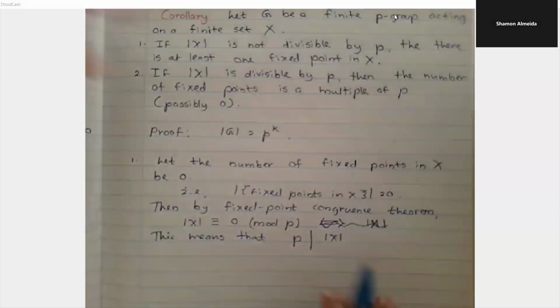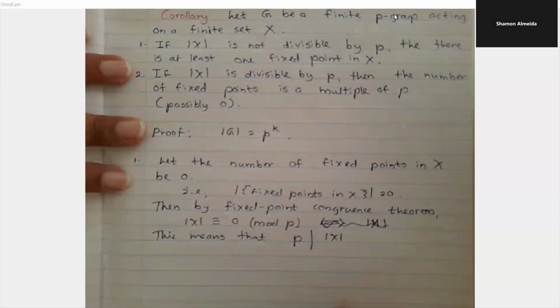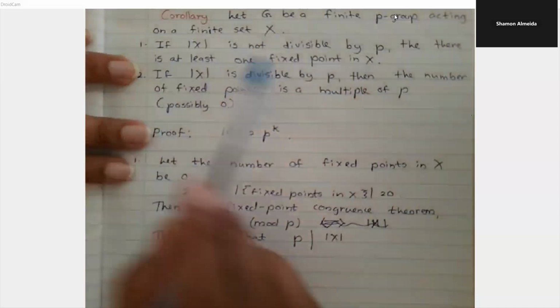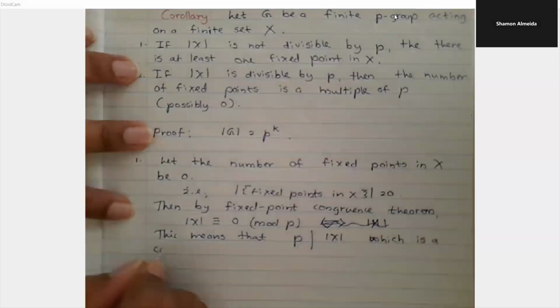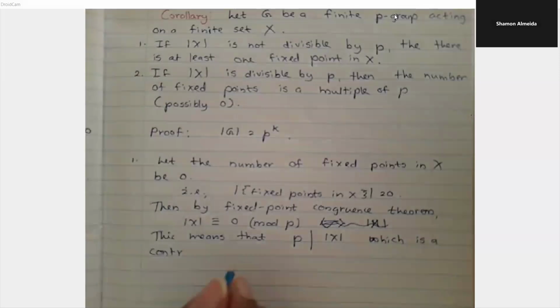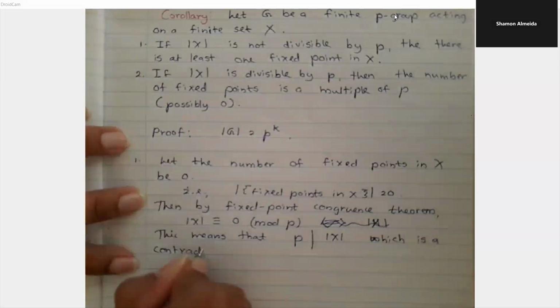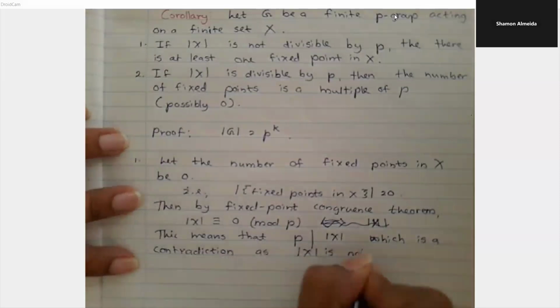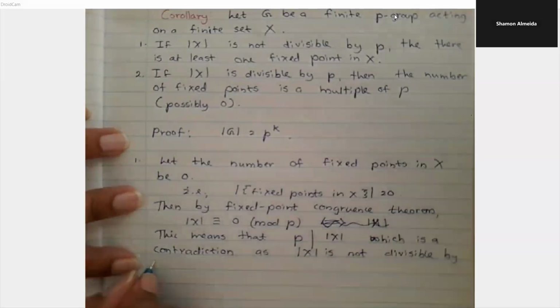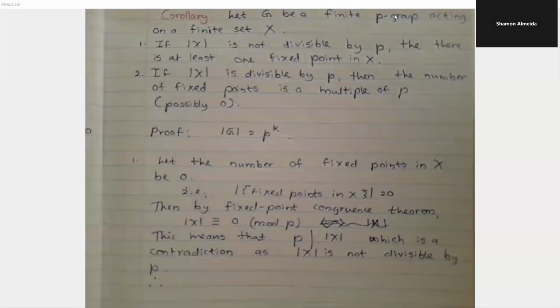So this means p divides the order of X, which is a contradiction because we are given that the order of X is not divisible by p. Therefore, the assumption itself is wrong.